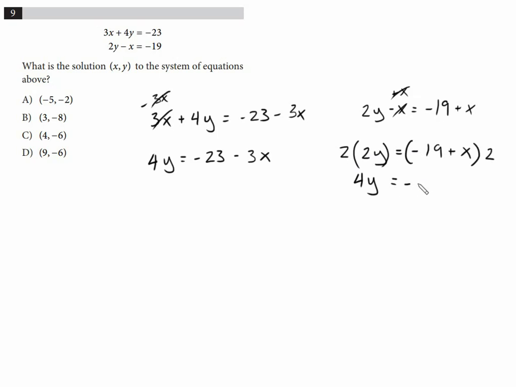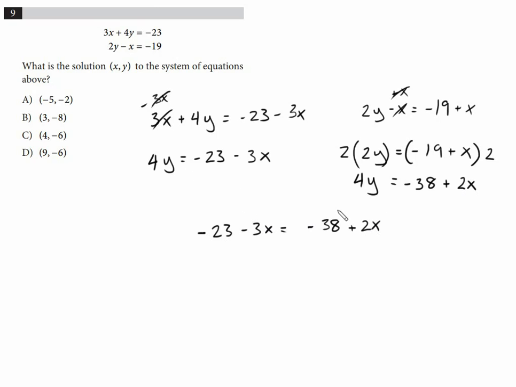And now I get negative 38 plus 2x. And so now I can set these two equations equal to each other. Negative 23 minus 3x equals negative 38 plus 2x.